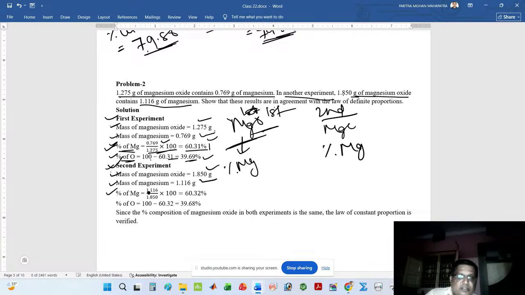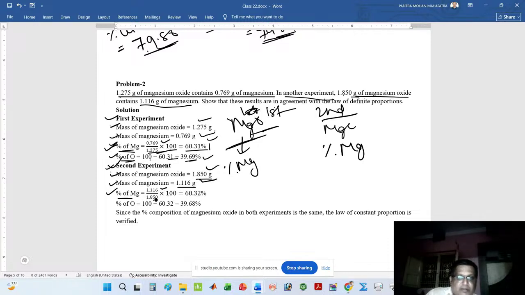Percentage of magnesium is equal to weight of magnesium divided by weight of magnesium oxide. Your weight of magnesium is 1.116. Weight of the magnesium oxide is 1.85 gram. So here I can say that percentage of magnesium is equal to 1.116 divided by 1.85.